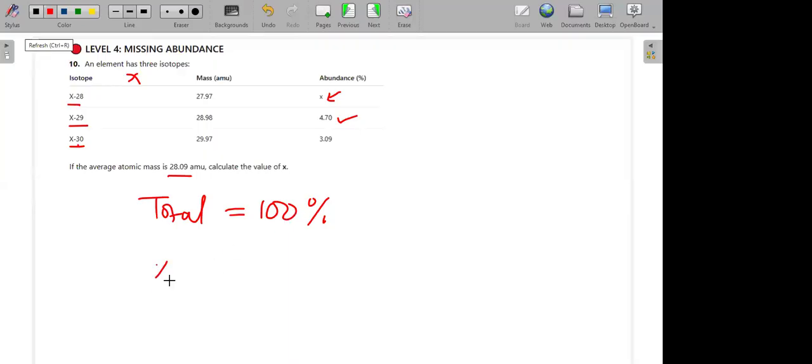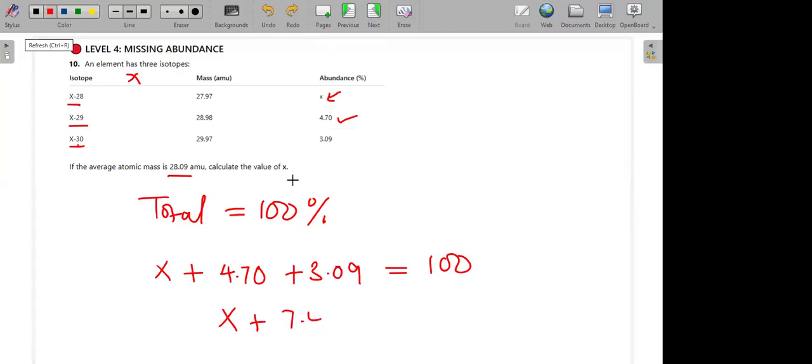So X plus 4.70 plus 3.09 equals 100. So 4.7 plus 3.09 is 7.79, so X plus 7.79 equals 100.